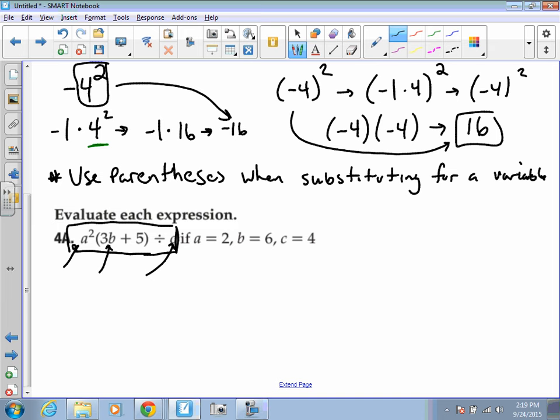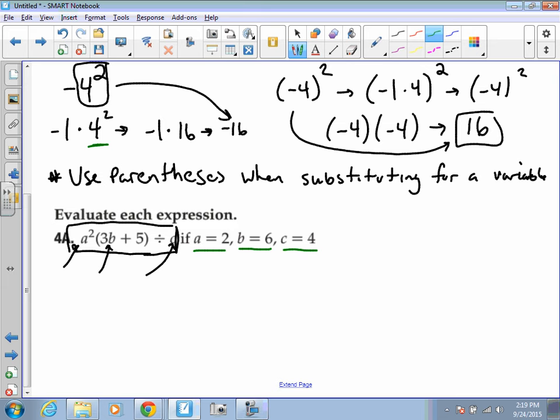So what I'm looking for are those values. If you look over here on the right, we see a is equal to, b is equal to, and c is equal to. That means that wherever I see a, I can replace it with 2. Wherever I see b, I can replace it with 6, and wherever I see c, I can replace it with 4.